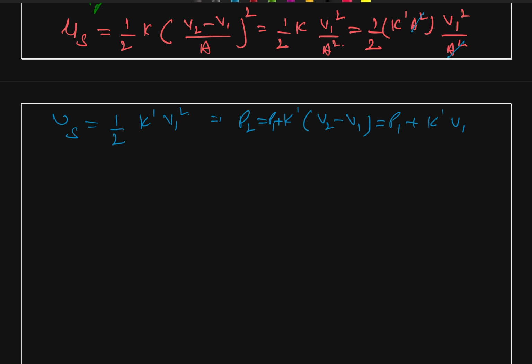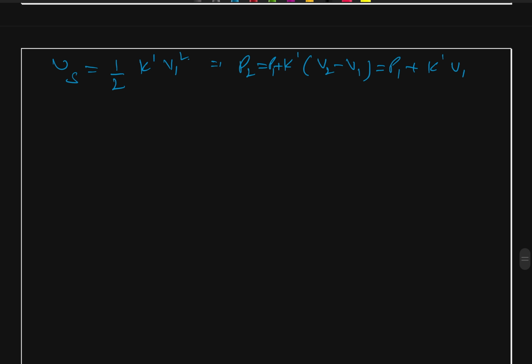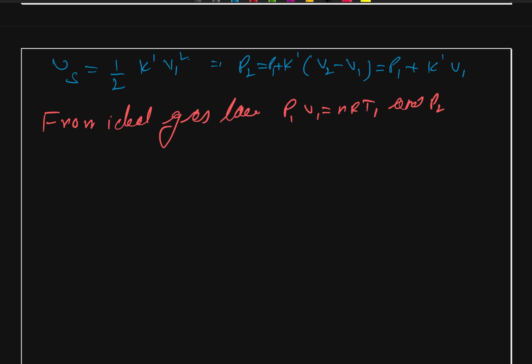Okay. And from ideal gas law, we have already written that P1 V1 is equal to nR T1 and P2 V2 is equal to nR T2.